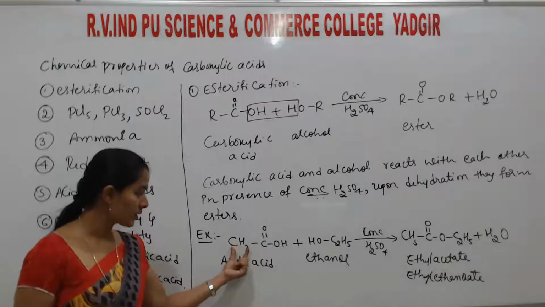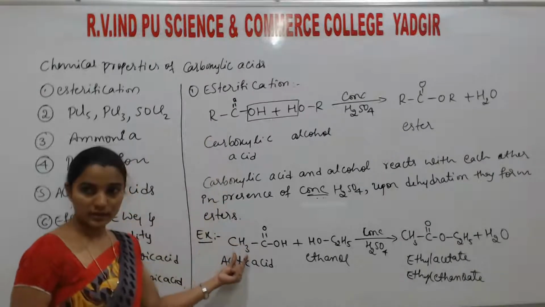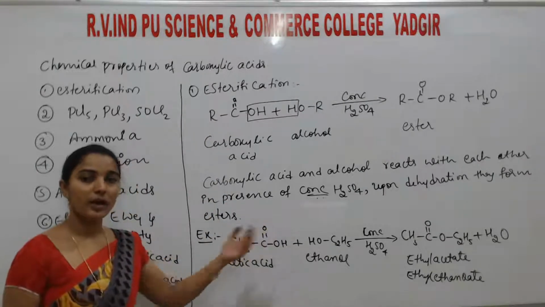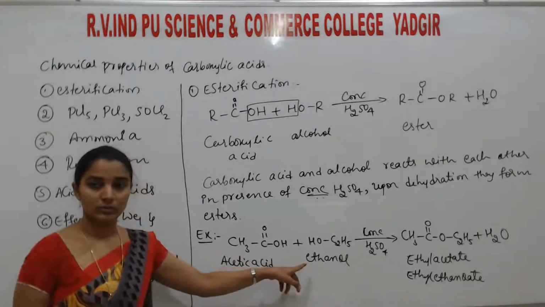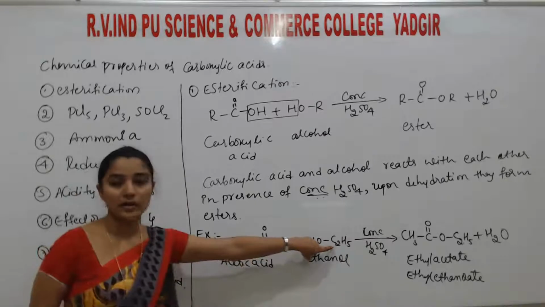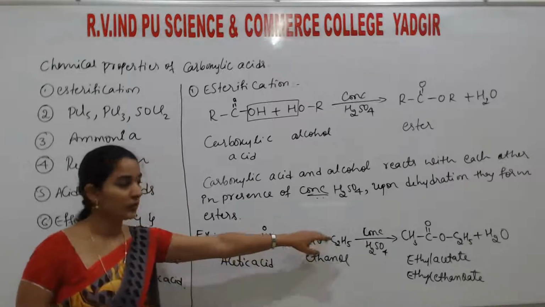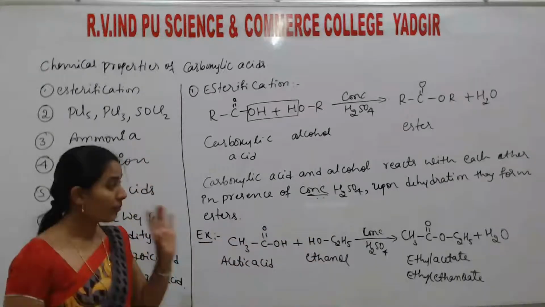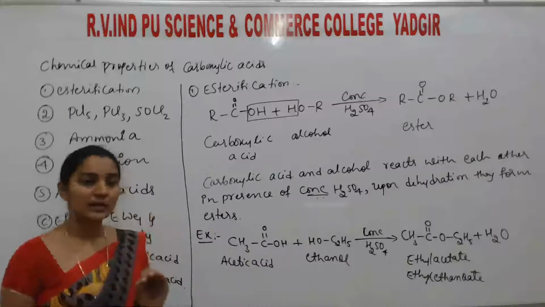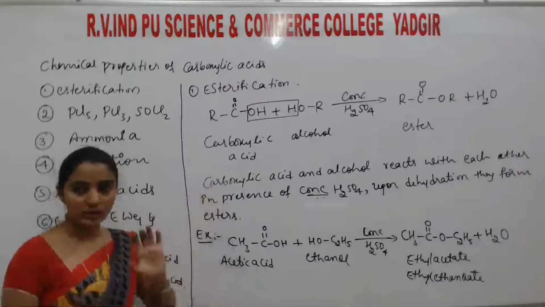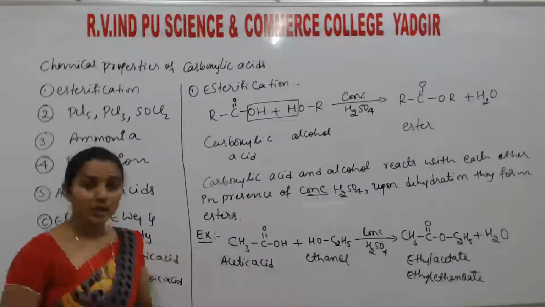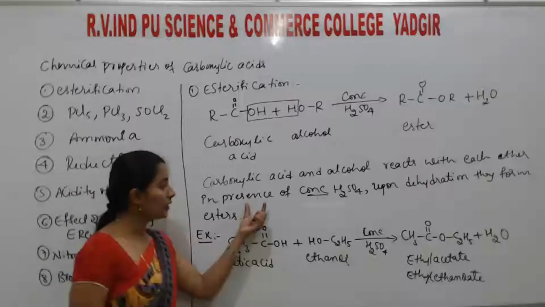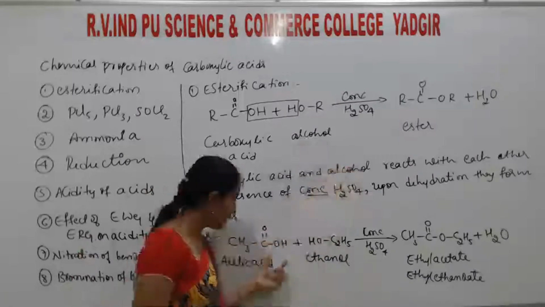Instead of this R group, which is the aliphatic compound, you may take aromatic also. Either this or this, any one is aromatic, not both. But most of the time they'll ask to explain the esterification. Listen, if you didn't remember the names of these compounds, write the general reaction.